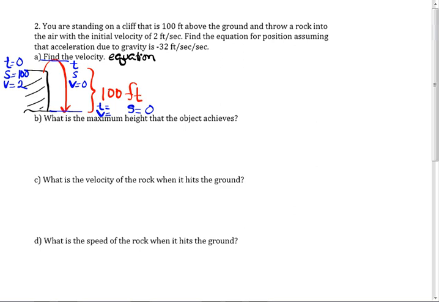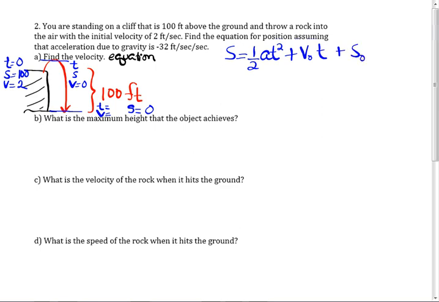No, we can't do air resistance. That's way too complicated. So this is a constant acceleration. So what's the formula for position? One-half a t squared plus the initial velocity times the time plus the initial height.